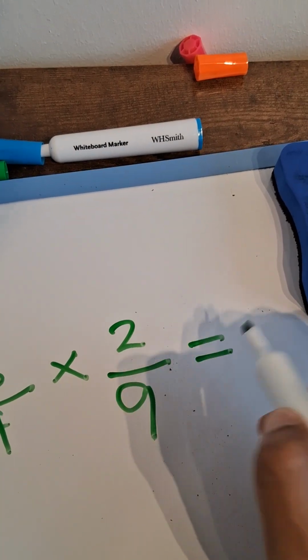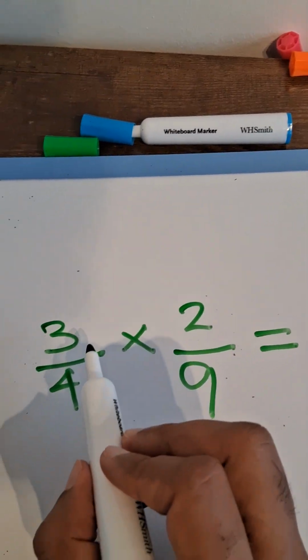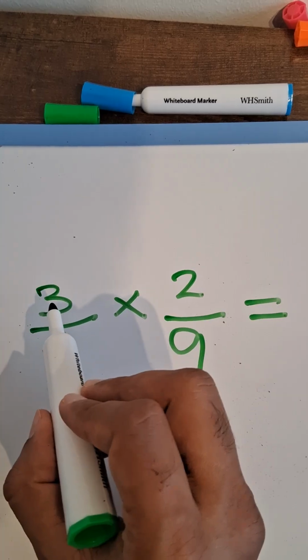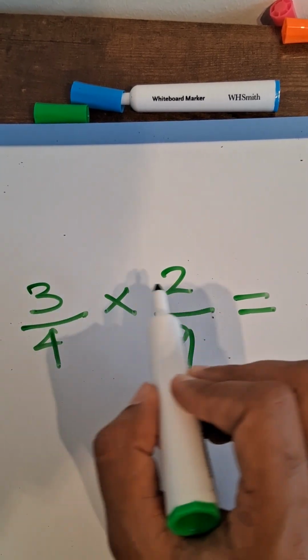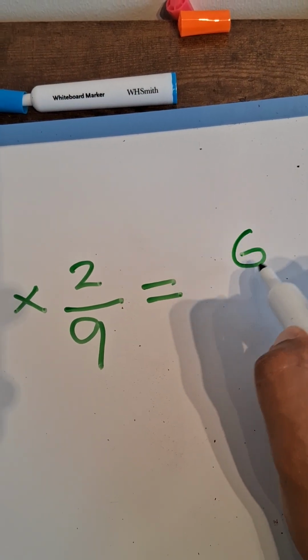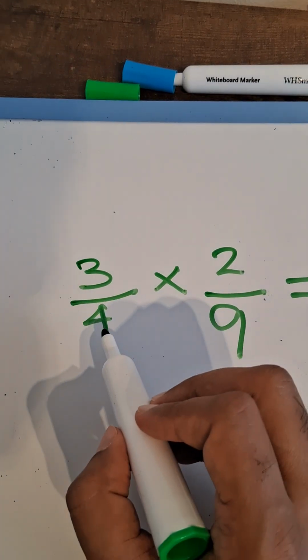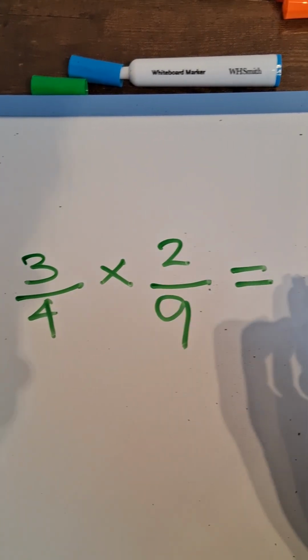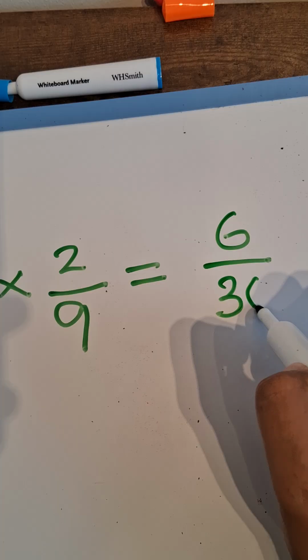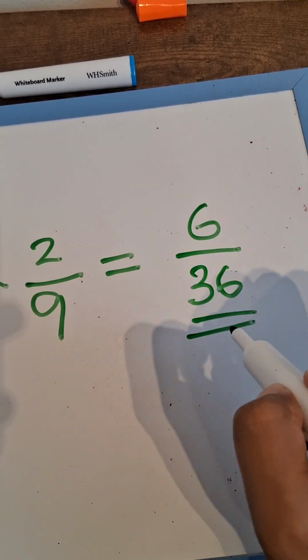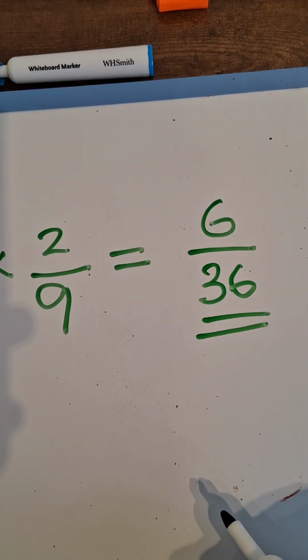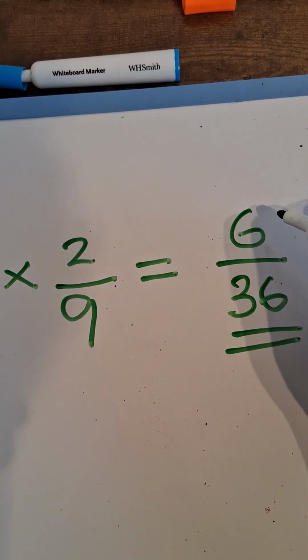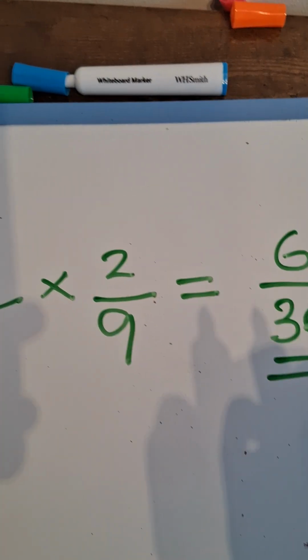Okay, what's the answer? You multiply the top bit together, 3 and 2. 3 multiplied by 2 is 6. And draw a line here. 4 multiplied by 9 is 36. So the answer is 6 by 36. This answer is right, okay, but you can simplify it. But we'll do it later, okay?